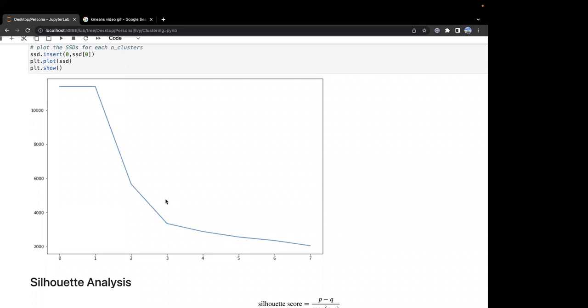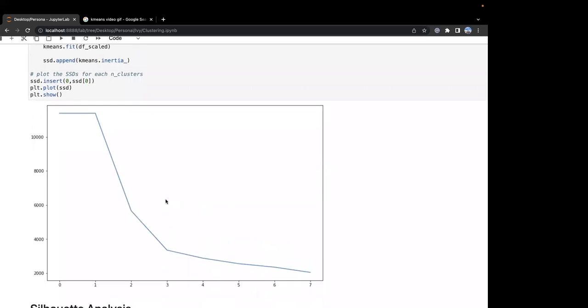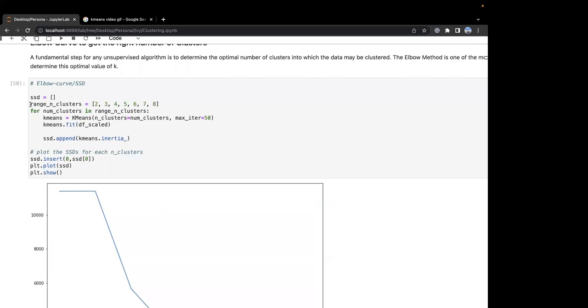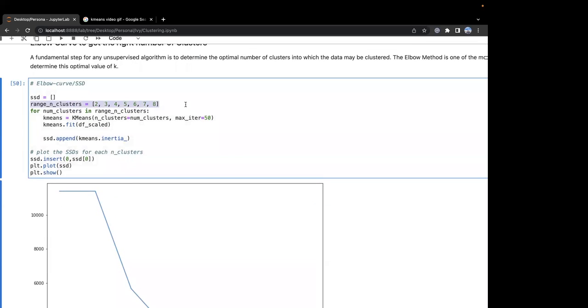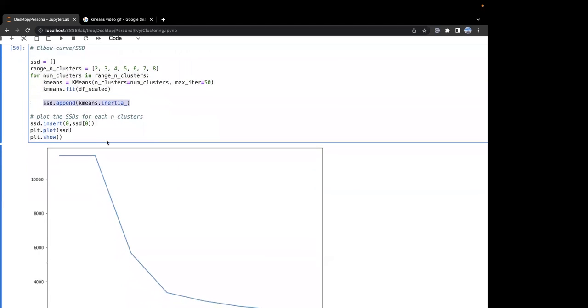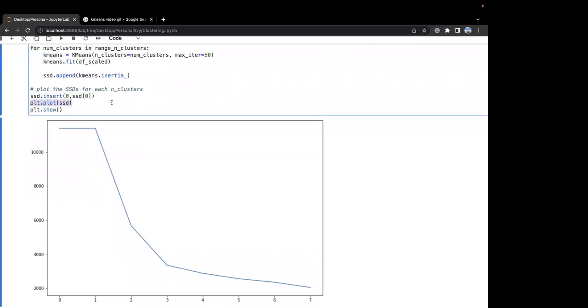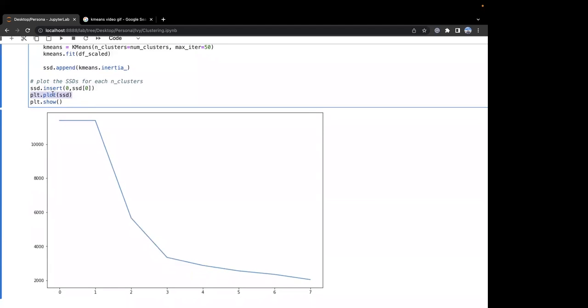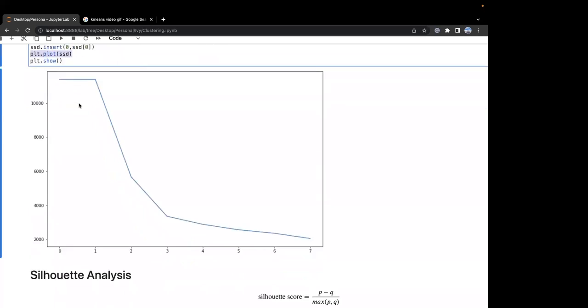Elbow method, the elbow curve. Okay, you can see that I have used multiple clusters. I have fit k-means on multiple clusters, and then I have basically appended the inertia. Inertia is basically the distortion measure. And then I have just plotted the inertia, the distortion. Sum of squared deviations, SSD.